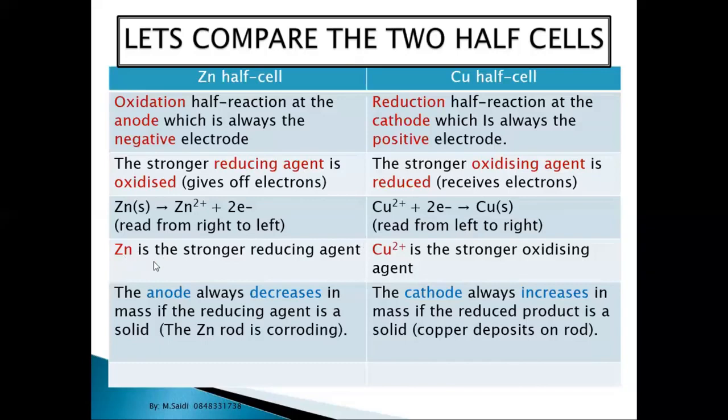We are saying that zinc is the stronger reducing agent, while copper 2 is a stronger oxidizing agent. I've explained this. How is this a strong oxidizing agent? Because it causes zinc to be oxidized. Then it becomes an agent for oxidizing, but itself is reduced.